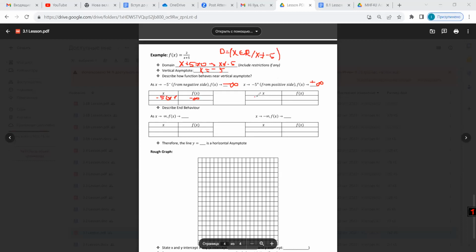From the positive side, -4.999, f of x travels to positive infinity.